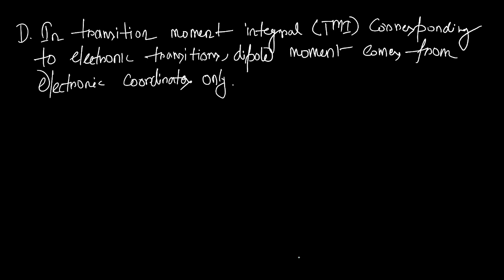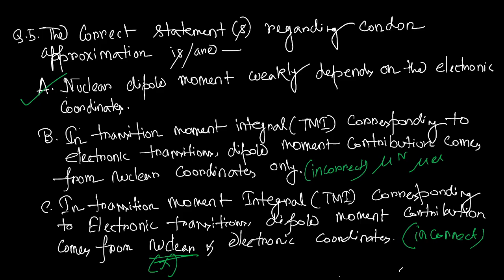And the last one says that in the transition moment integral, the electronic transition dipole moment comes from the electronic coordinates. That is also correct. So A and D are the correct options for question number 5.